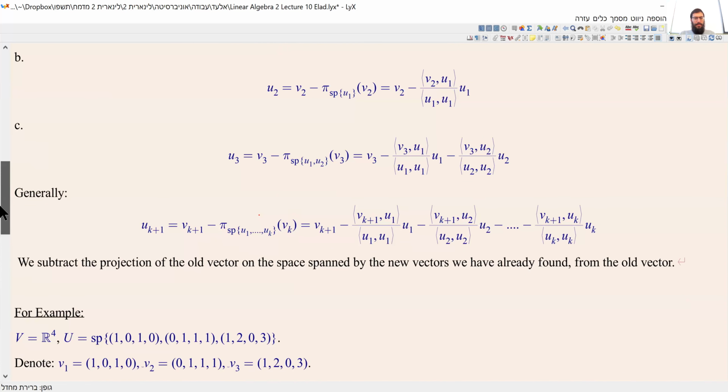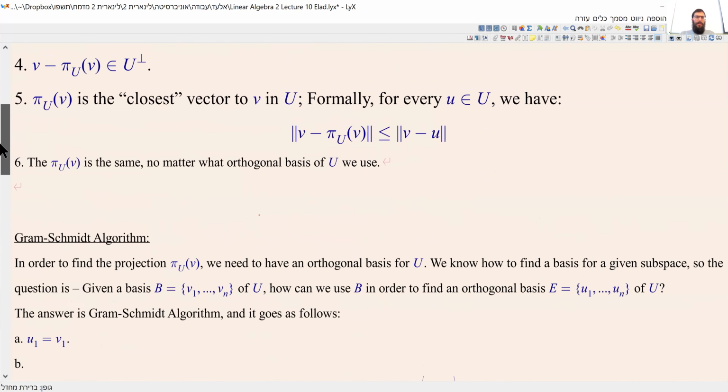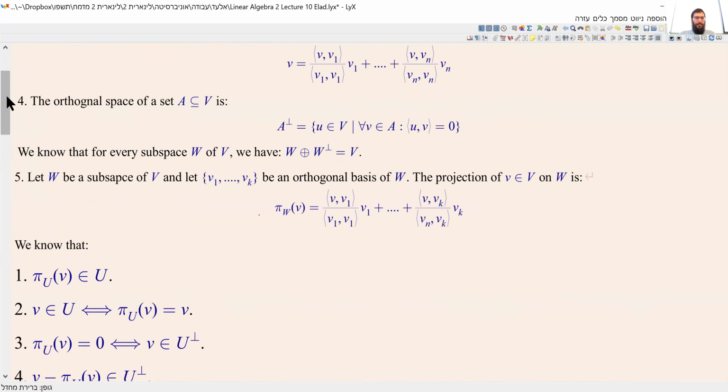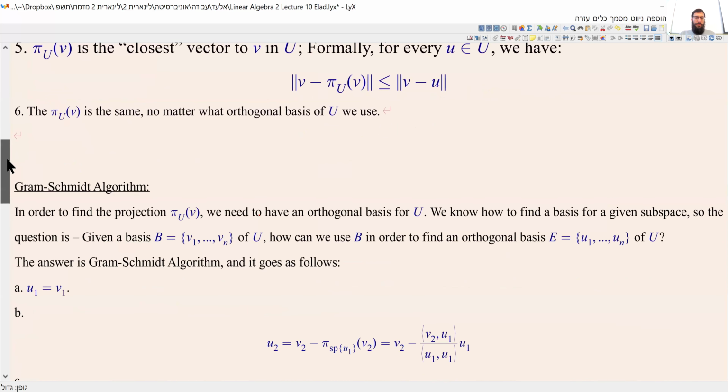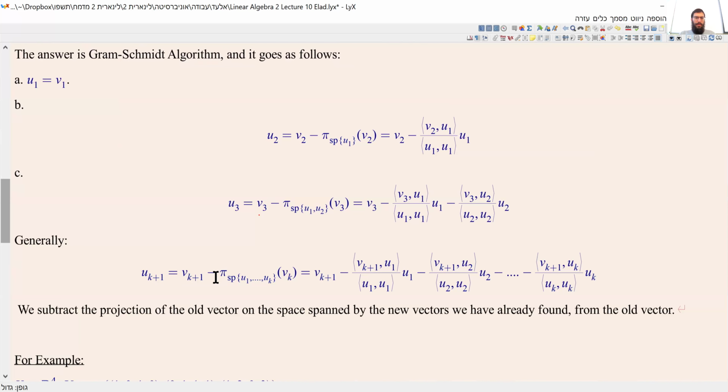For the first part, why the new set is orthogonal, we use this property of the projection. Now, by definition, what is the vector uk plus 1, the new one? Ah, here is a mistake.